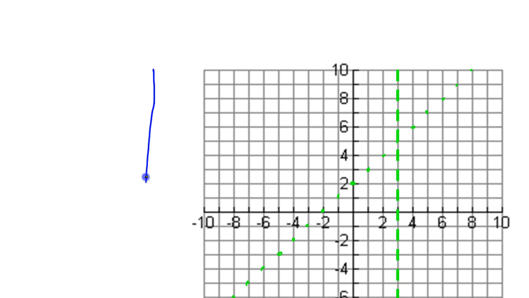Alright, it's time to make our table of values. As you make your table of values, keep an eye on your vertical asymptote. We want to be sure we get values on both sides of the vertical asymptote. So my vertical asymptote's at 3, so let's definitely see what's going on at, let's say, 2 as I go to the left.